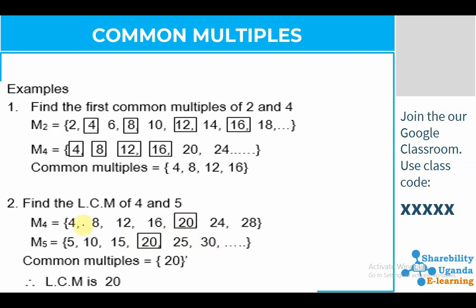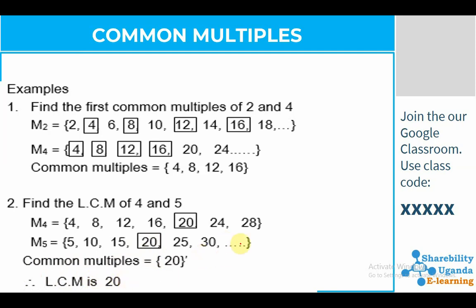So now, after identifying the multiples, they were able to identify which multiples are common in both. You can see a 20 and a 20 here. It is appearing in both. So they were able to say the common multiple is 20. Therefore, our LCM, our lowest common multiple, is 20.